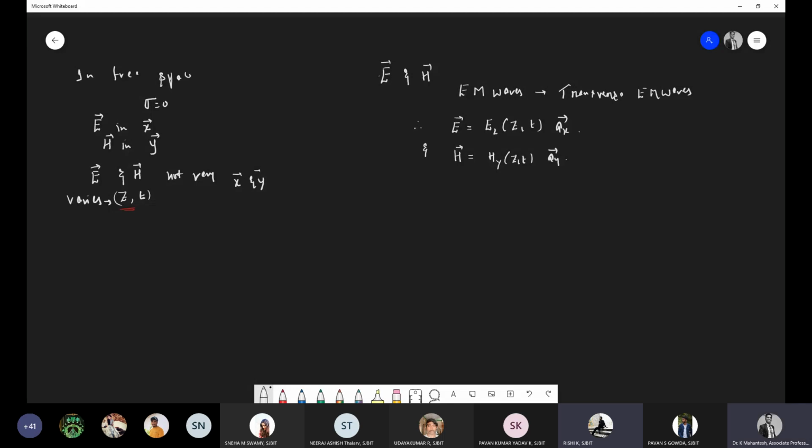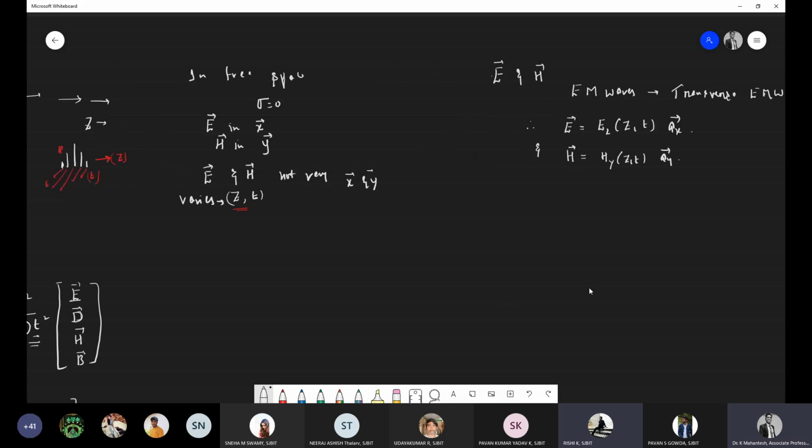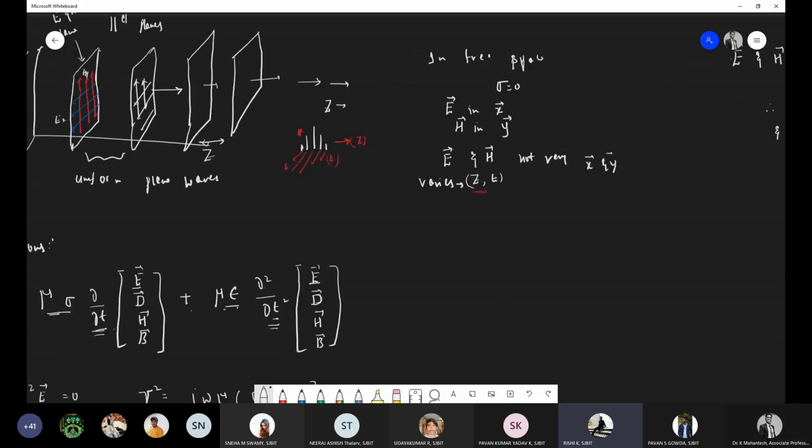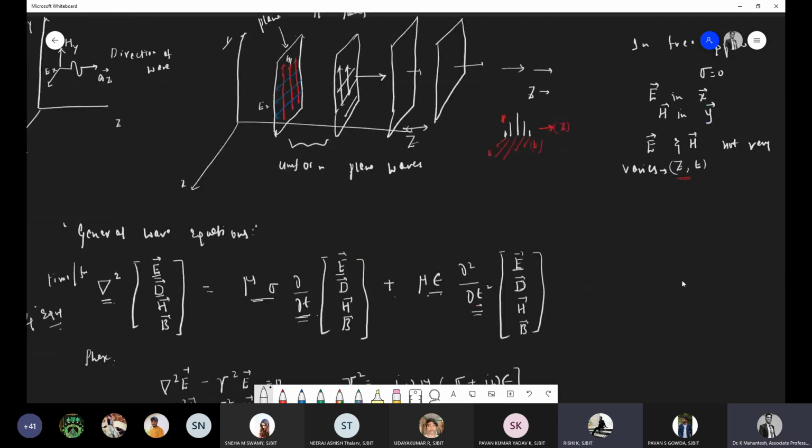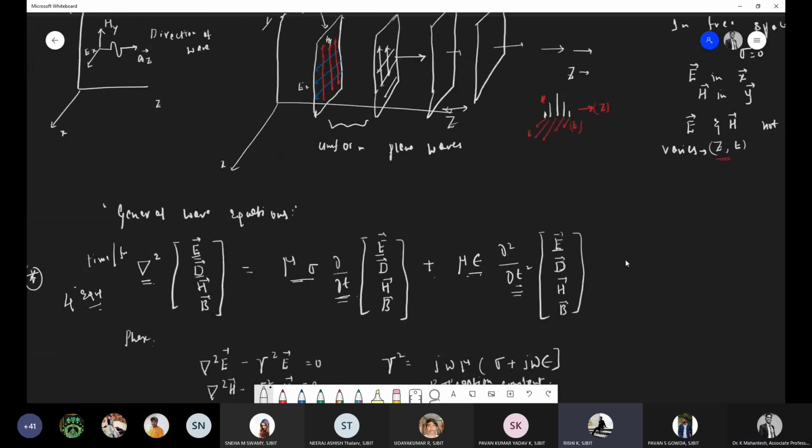So now consider the wave equations for E and H. Here I'll consider del square E and del square H. I'll consider these two equations here also, with respect to electric field and magnetic field.